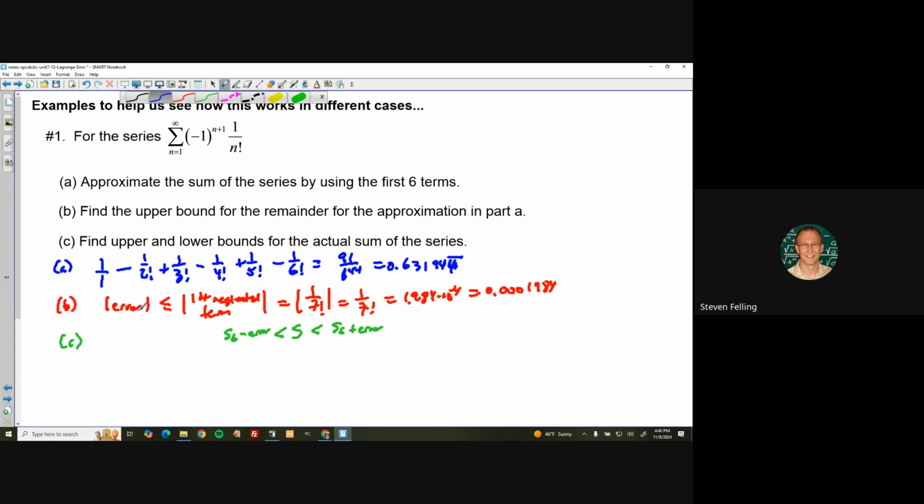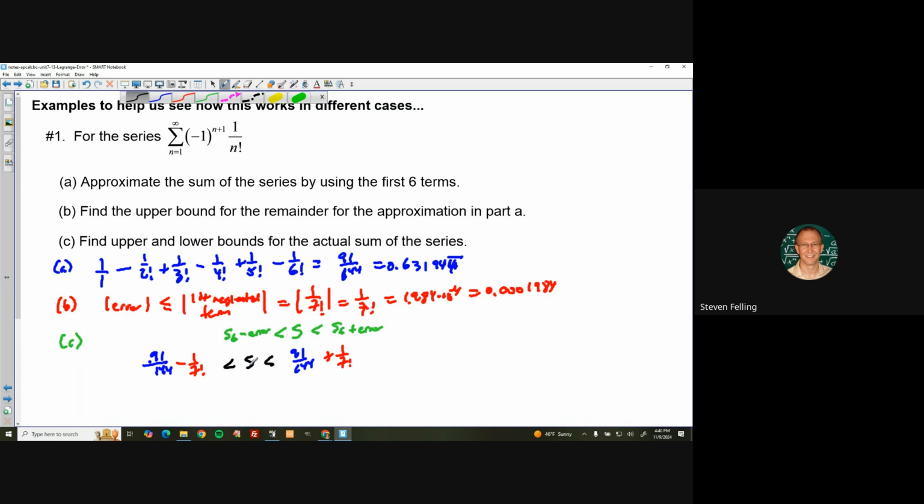Let me write it this way: this is 91 over 144 minus this error of 1 over 7 factorial. So the actual sum is somewhere between that and 91 over 144 plus this error of 1 over 7 factorial.